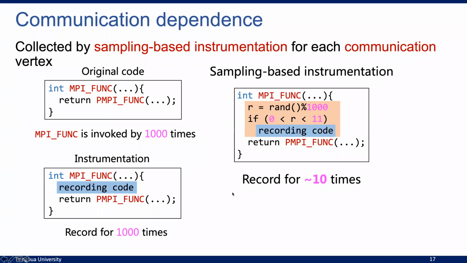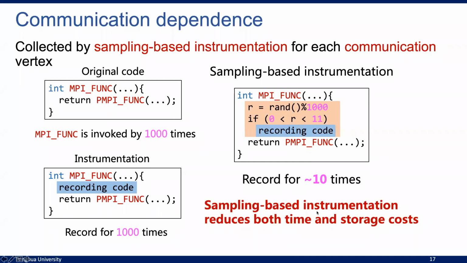The core idea of sampling-based instrumentation is that communication data is recorded only with a certain probability. Here we use random number generation to realize it. It is only recorded about 10 times in total. Sampling-based instrumentation reduces both time and storage costs.